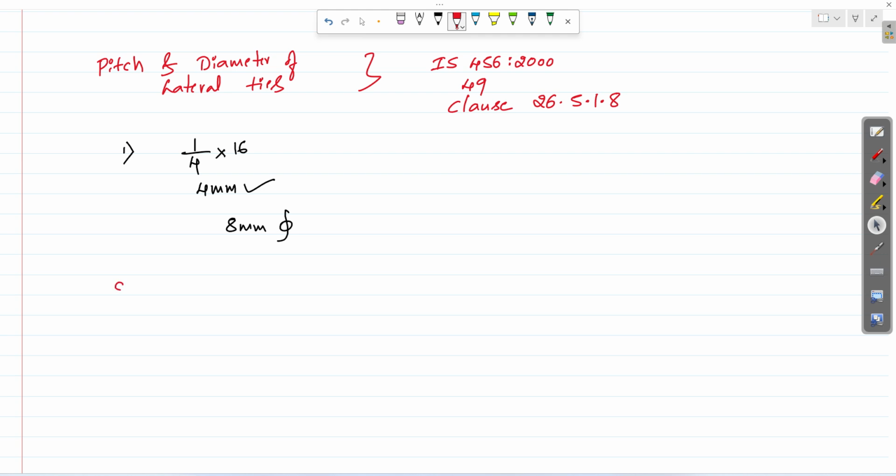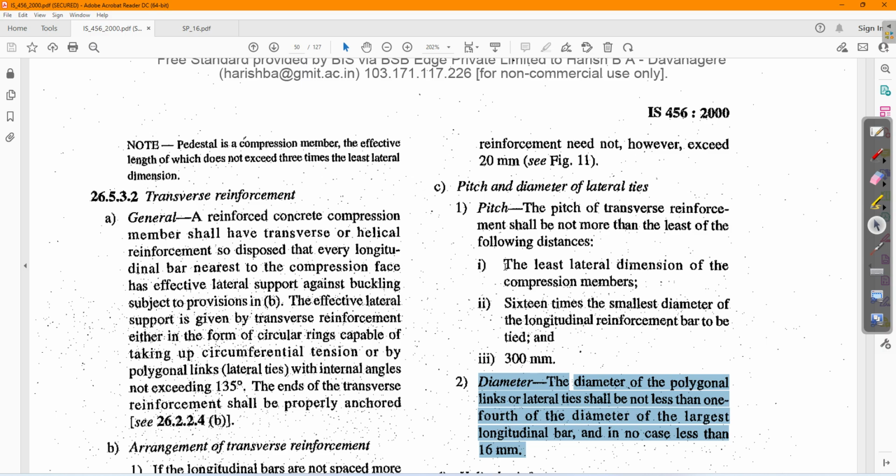So next, spacing. See here. The pitch of transverse reinforcement shall be not more than the least of the following distances. First one will be the least lateral dimension of the compression member.